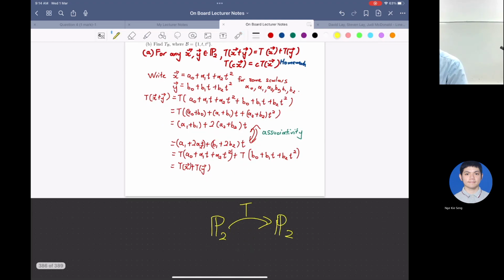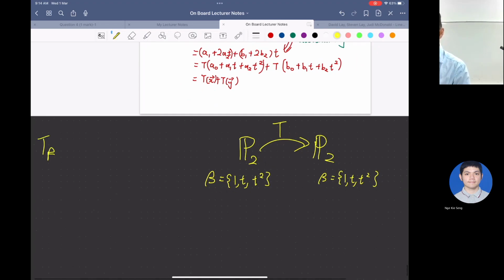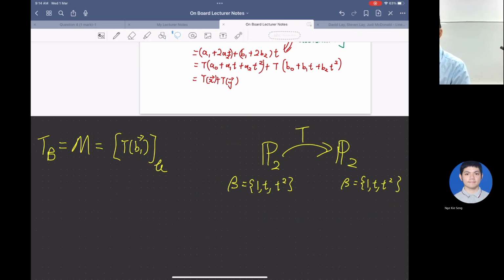So we have the basis beta equals 1, t, t squared. Remember that we named TB as the usual M. So for M, you need to check what happens on every basis element, and then express the result in the basis of the codomain. We call this line here.